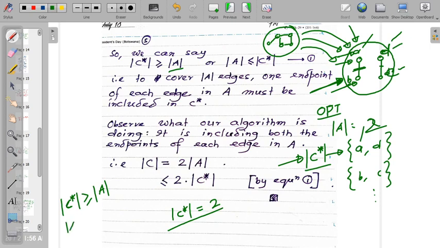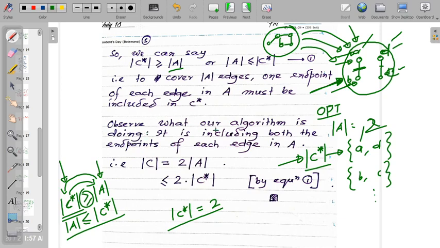So that means the cardinality of A is less than or equal to C star. I am exchanging position, so this inequality will change. So this is the lower bound we have proved for this vertex cover problem. Whatever optimal algorithm you can think of, at least these many vertices must be there in the optimal vertex cover.